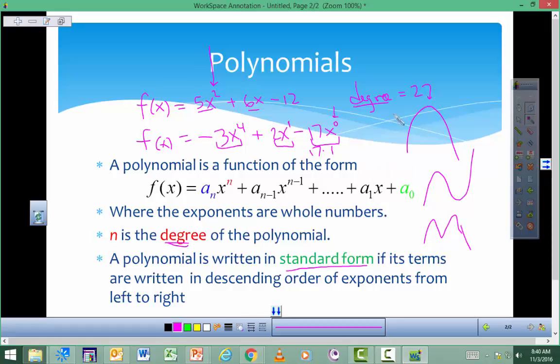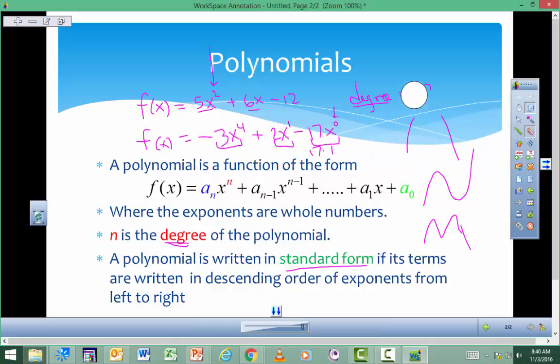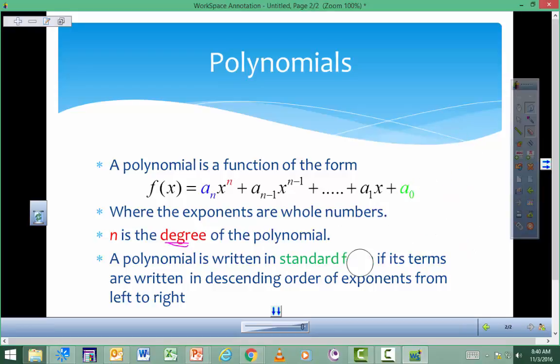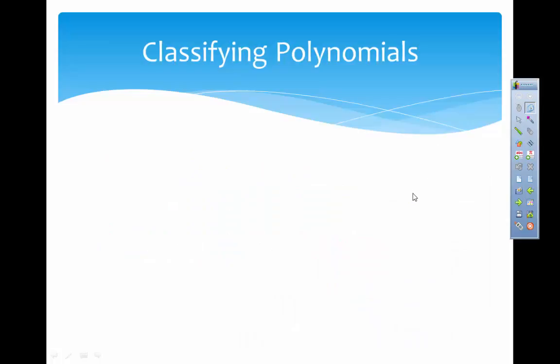And so the degree tells us something about the polynomial, among other things. And we're going to learn some of those things in this chapter. Well, so there's some basics on a polynomial. And primarily what we're going to do is try to graph them, and we're going to try to evaluate them at certain numbers. So let's continue.